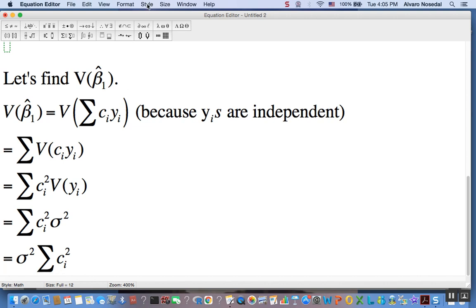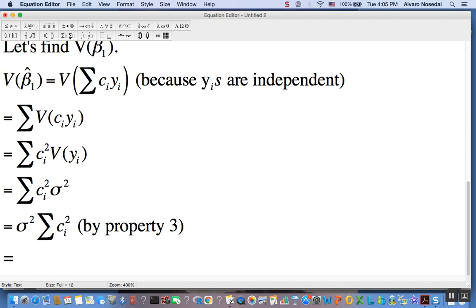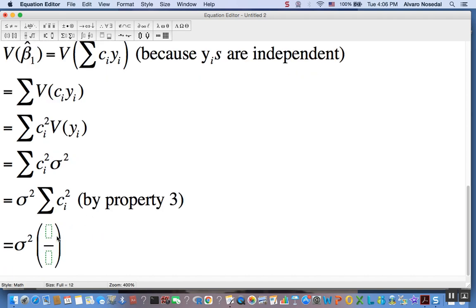So what we're going to be doing next is, by property 3, sigma squared times 1 over sxx.